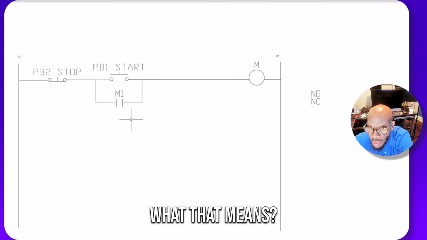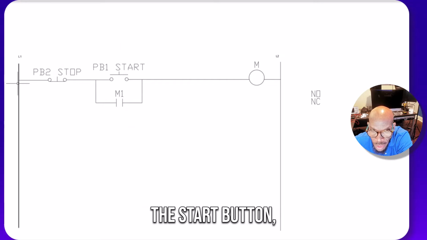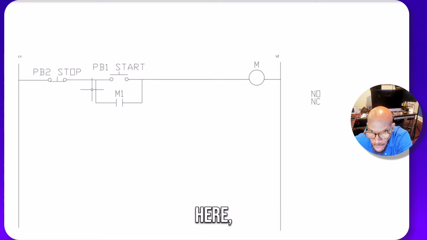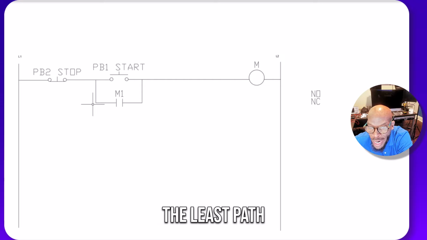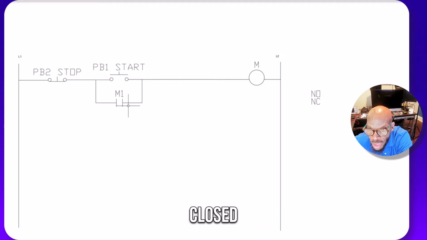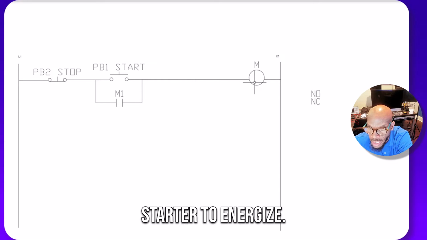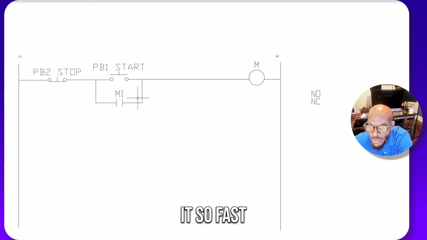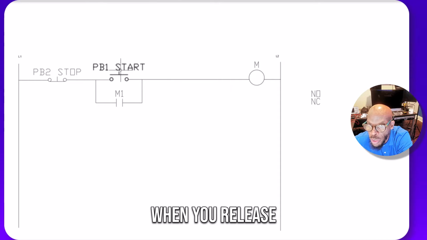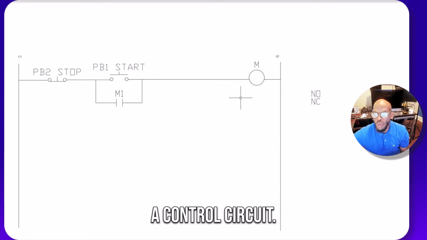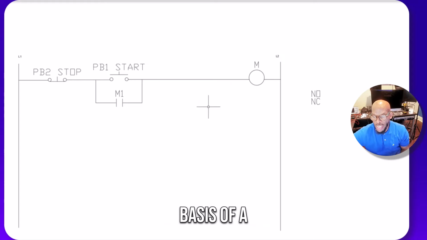What that means is, when you release the start button, electricity is going to come through here, and it's going to go through the path of least resistance. So if this is closed, it's going through there, and it's going to keep this motor starter energized. It does it so fast that the motor will stay running when you release the start button. So this is a control circuit. This is the basis of a control circuit.